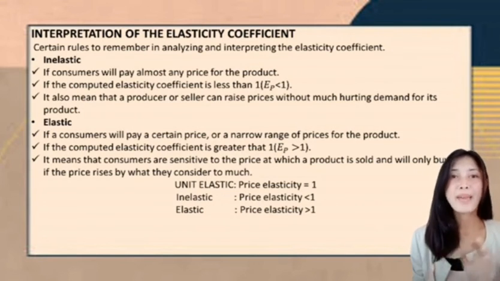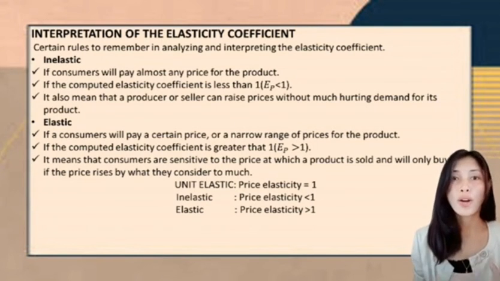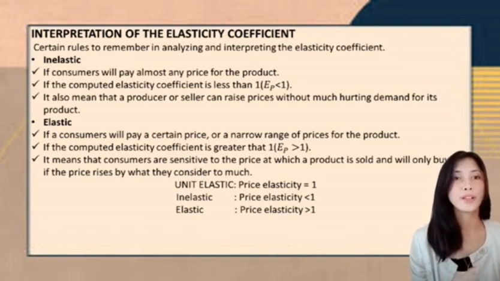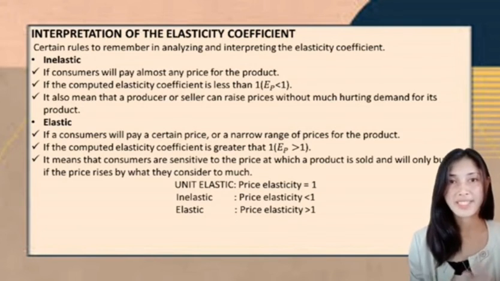However, the demand for a product may be elastic if consumers will only pay a certain price or a narrow range of prices for the product. Let's say for example, the price of gold jewelry increases by 1%, but the quantity demanded falls by 2.6%, so the computed price elasticity of demand is negative 2.6.